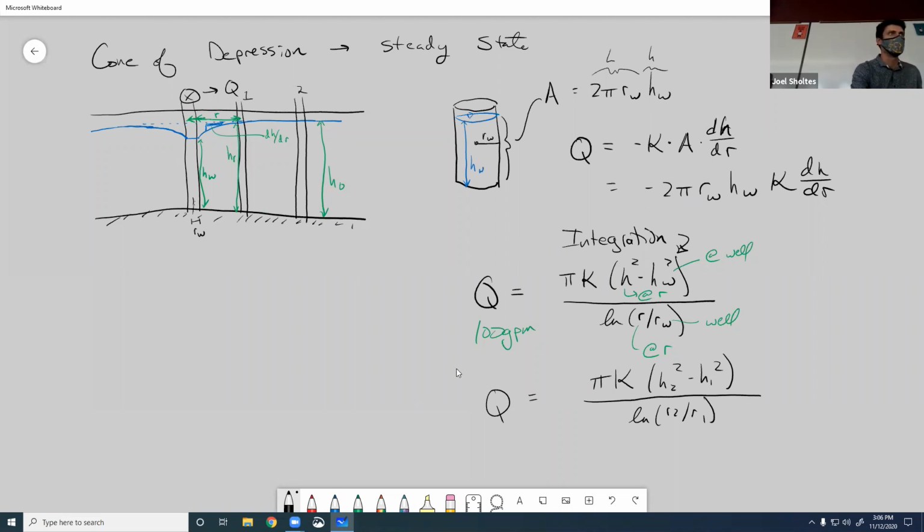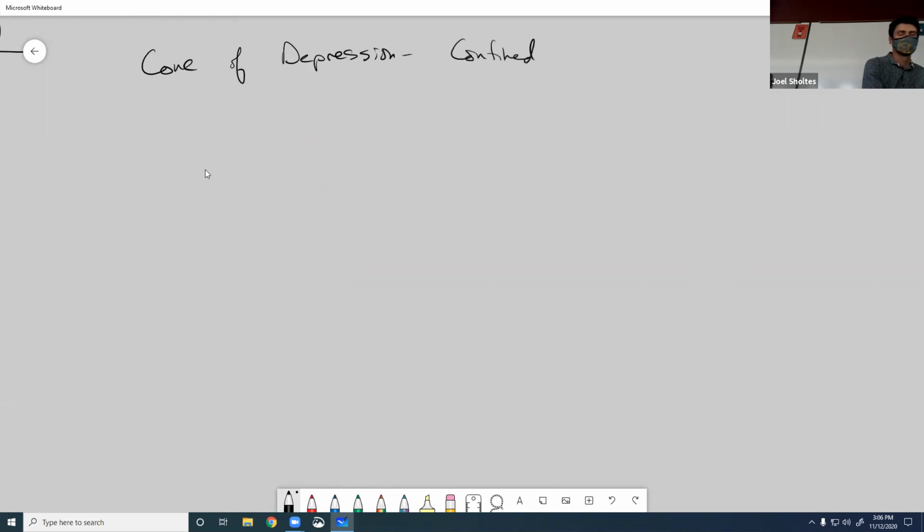All right, let's look at a confined aquifer setting. It's going to be very similar, just a little bit different. And we'll draw our confined aquifer. I'm going to draw kind of a big picture confined aquifer. So we'll have the ground, we'll kind of start up in the mountains and we'll come down to the plain.